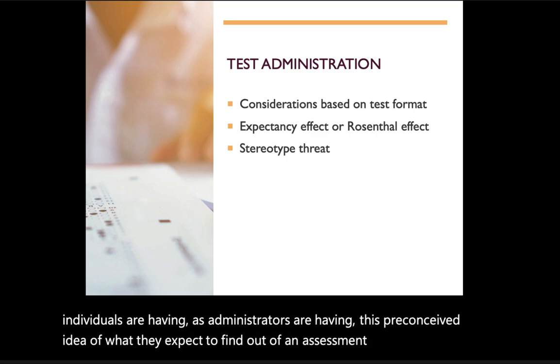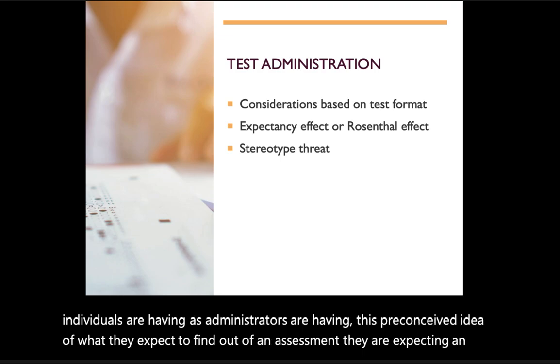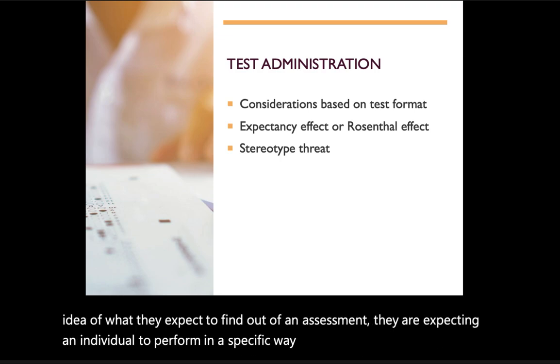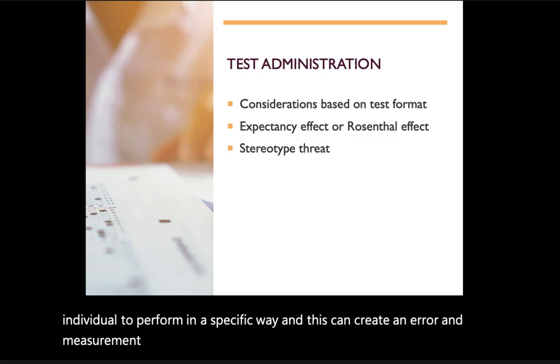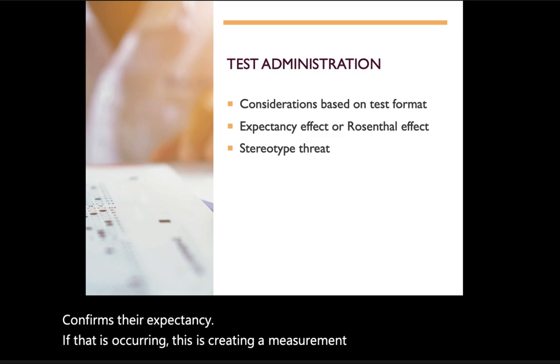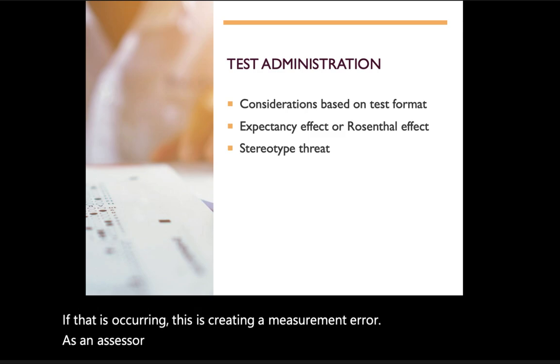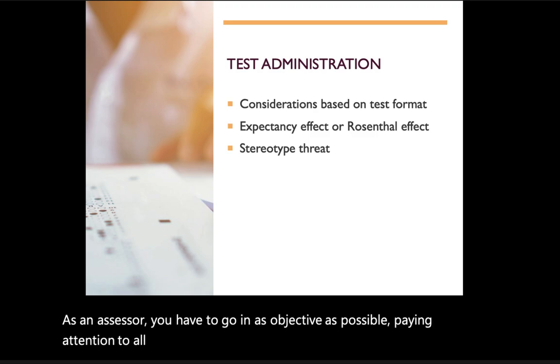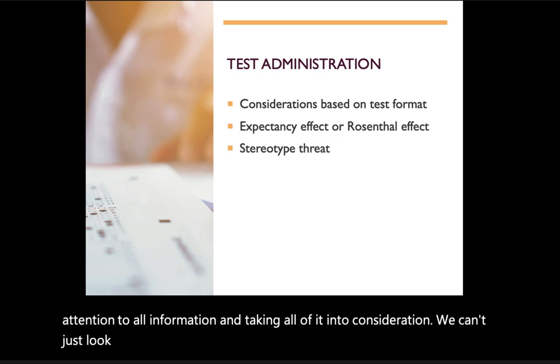They are expecting an individual to perform in a specific way, and this can create an error in measurement if the assessor is only looking for information that confirms their expectancy. If that is occurring, this is creating a measurement error. As an assessor, you have to go in as objective as possible, paying attention to all information and taking all of it into consideration. We can't just look at information that supports any expected findings that we hope for.